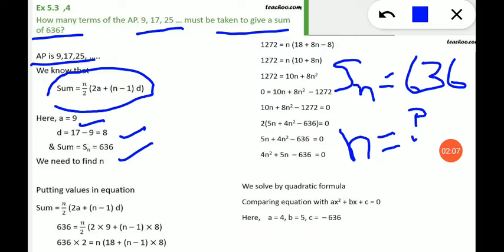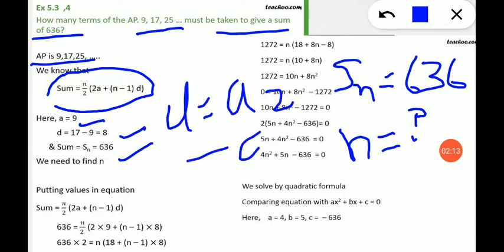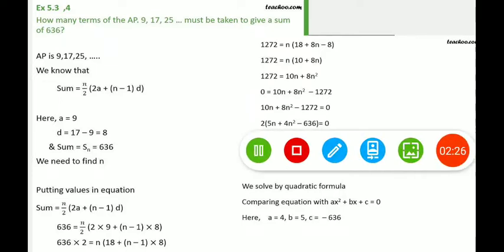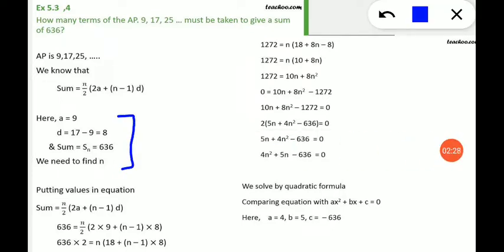Remember students, always our common difference d is the second term minus the first term. So 17 minus 9, not 9 minus 17. Okay. So these are all the given things, and we have to find n.